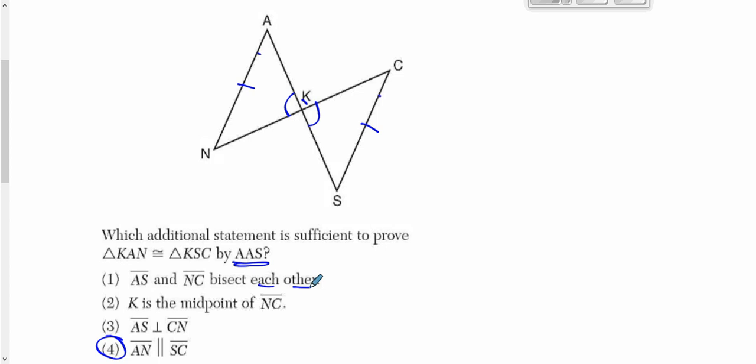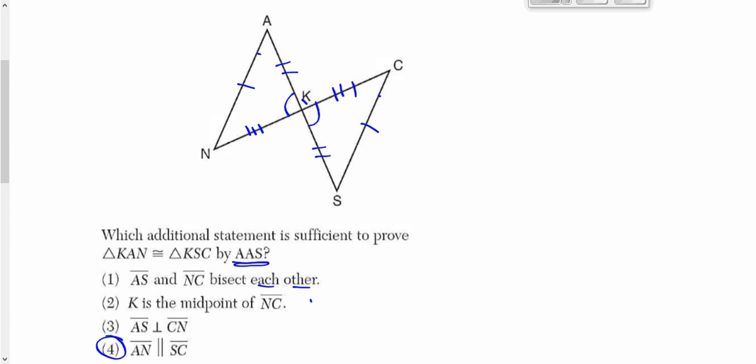AK and KS, and NK and KC are congruent. Well, that'll get the triangles congruent, but it wants it to be by angle, angle, side, not by angle, side, angle.